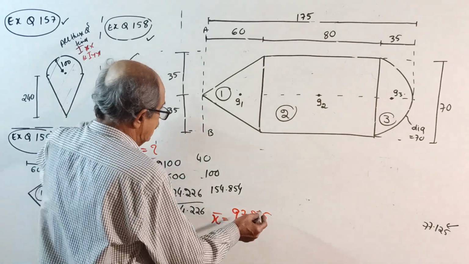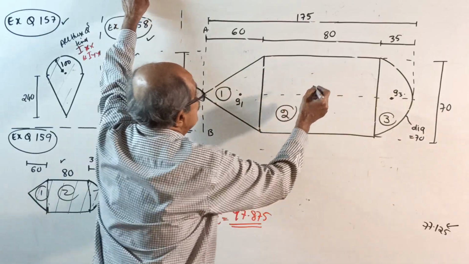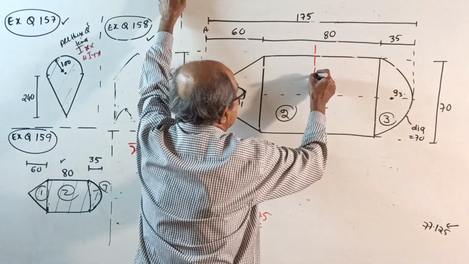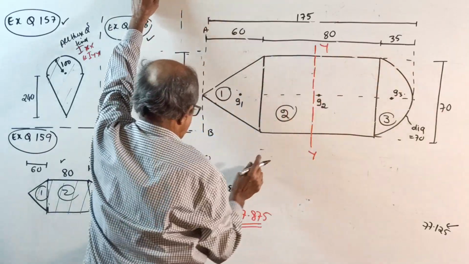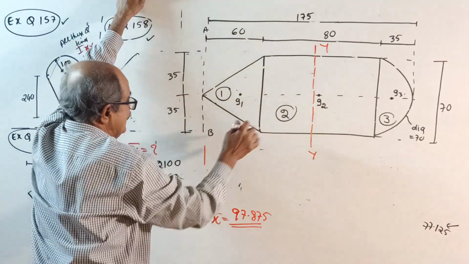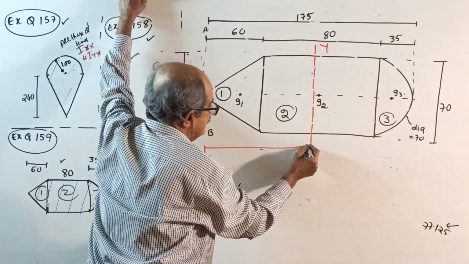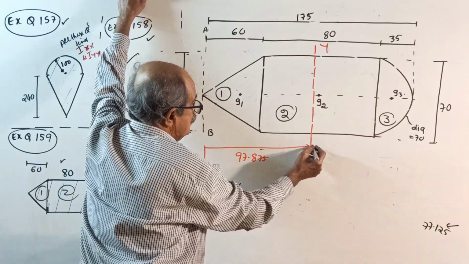X bar 97.875. 60 plus 40 is 100, so a little this side. YY, okay, this is not required. See, now X bar from AB line, 97.875.